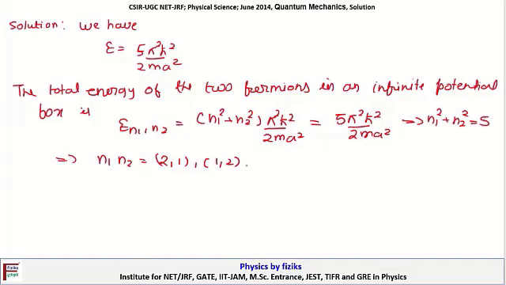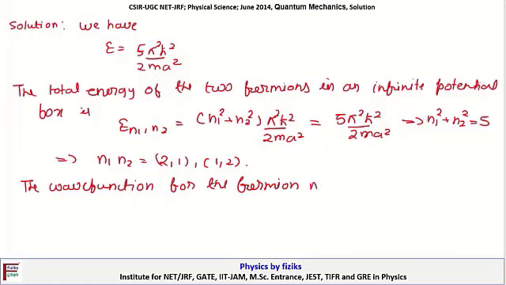Thus, the wave function for the particle, fermion, must be antisymmetric.